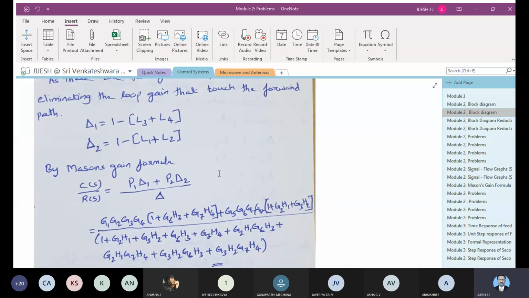So this is the summing point we discussed. Then we also talked about the takeoff symbol. The takeoff symbol is the node where you have the connections, and you should understand these two things in order to understand the block diagram reduction process.